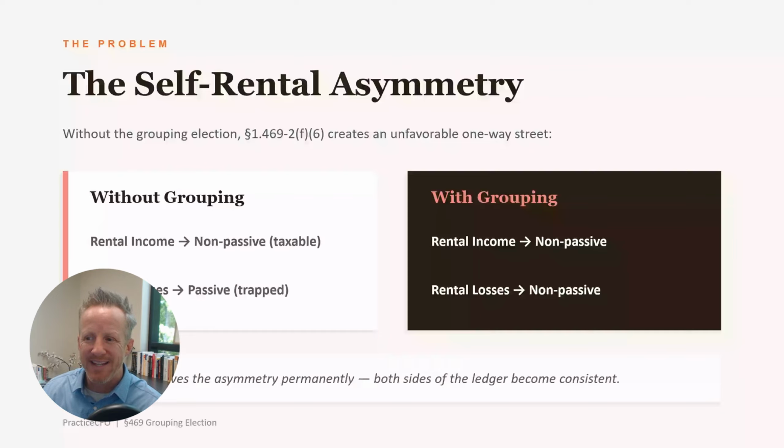And so there's an asymmetry that occurs here. For your building LLC that you practice in, income is labeled as non-passive and losses are labeled as passive. And those losses can get trapped. They can get trapped if you don't have that duplex down the street and your building is your only LLC, which is the most common scenario I find with dentists.